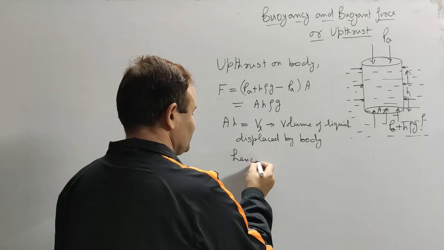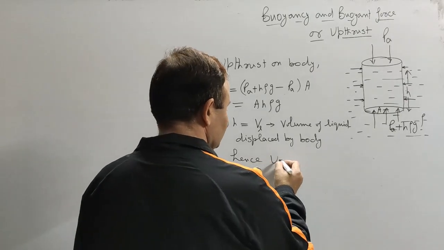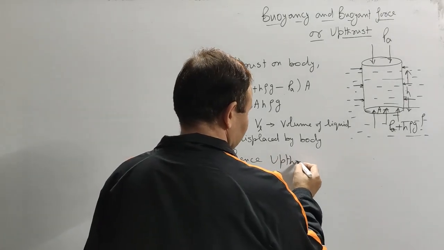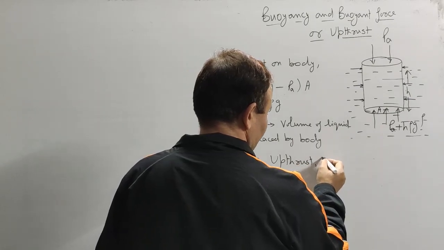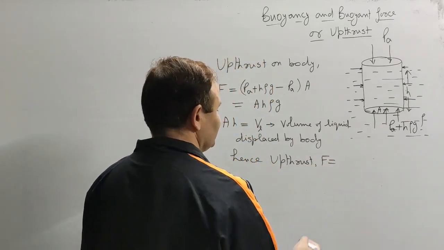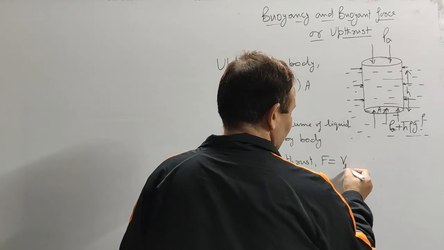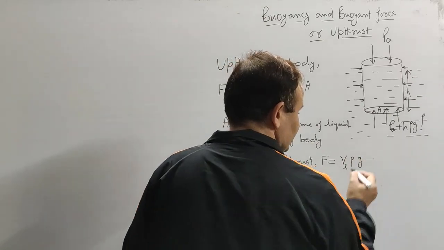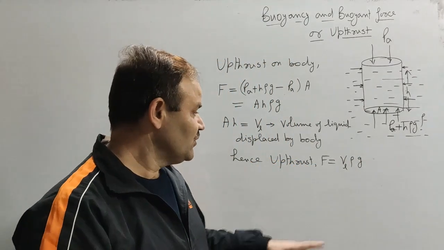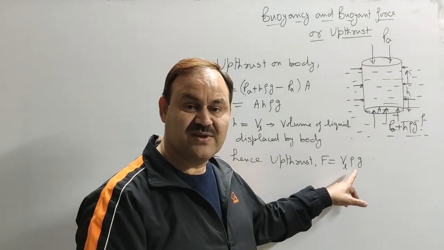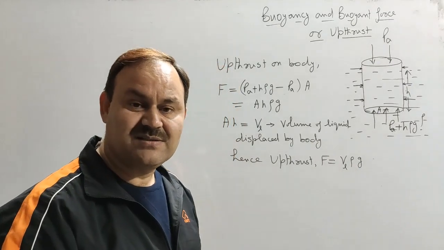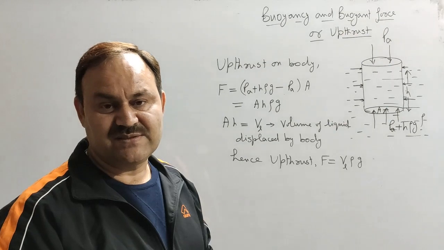Hence, upthrust F is equal to VL rho G. Volume of liquid displaced into density of liquid will give us the mass of liquid displaced.